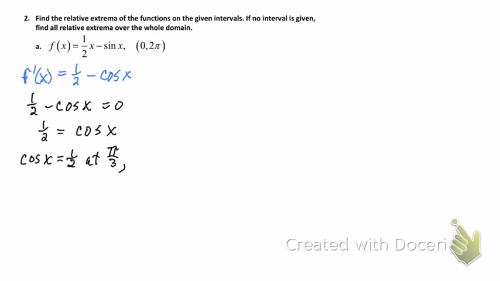Keep the denominator 3. You know it's going to be 3 because of the reference angle idea. In quadrant 4, what else do we know? We know the top number is 1 less than twice the bottom number. So 5 pi over 3. At both of those spots, those are critical numbers. So what do we do?